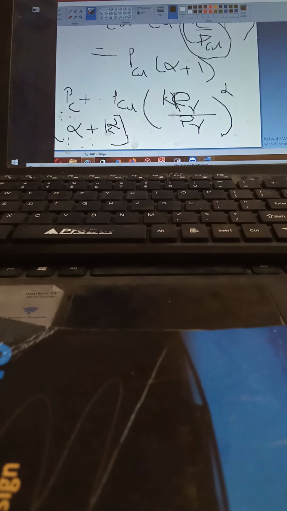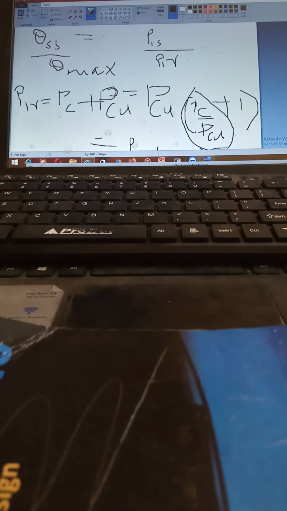So PC by PCU plus PR goes K square. So next step, what is this PC by PCU? PC by PCU can be written as alpha. Am I right? Yes. So it is nothing but alpha.